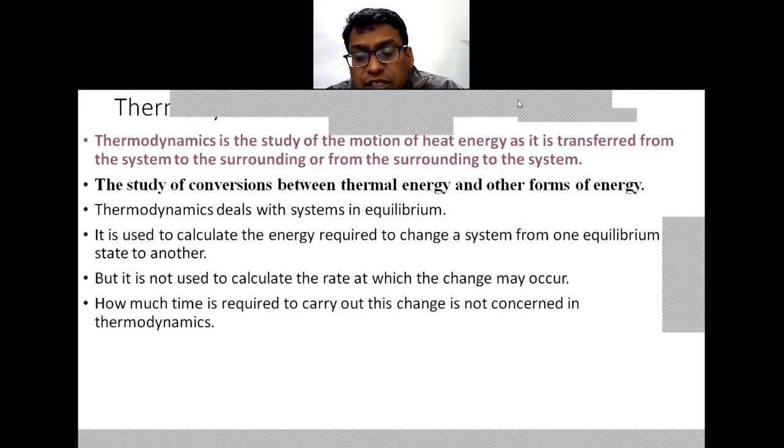So the energy of equilibrium states is considered for calculation, but it is not used to calculate the rate at which the change may occur. How much time it takes, 1 hour, 2 hours, 1 day, 1 month, a year, does not matter in thermodynamics. How much time is required to carry out this change is not a concern in thermodynamics.